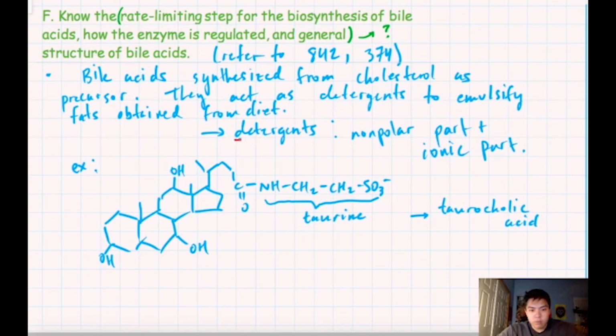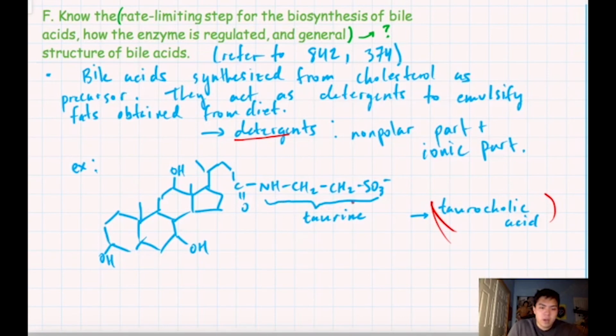So if you guys remember from OChem, detergents have a nonpolar part and they have an ionic part. So the example given to us in the textbook is taurocholic acid. I don't think the book actually provides any other examples, so it says know the general structure of bile acids. Just know this guy probably, and you'll be safe.